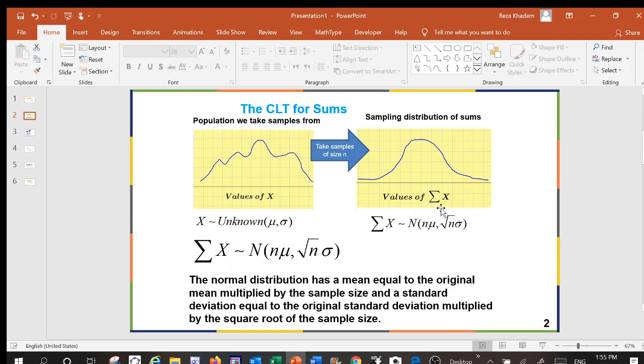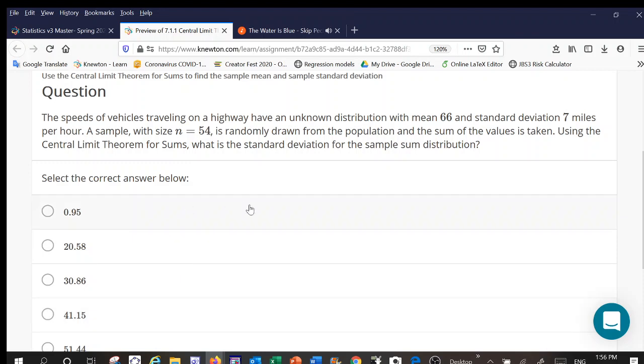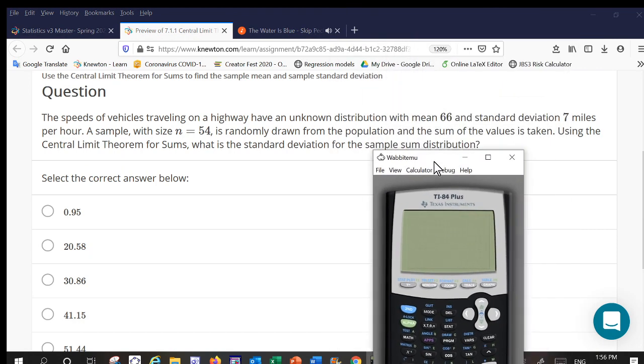So the mean of the sums would be n times mu, and the standard deviation would be square root of n times sigma. So let's take a look at that. Here the mean of the distribution is 66, and the standard deviation is 7.